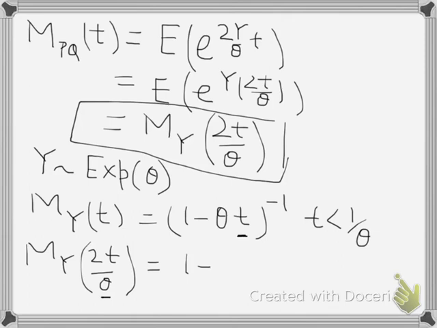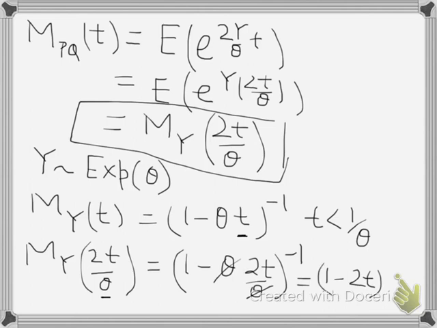So (1 minus theta times 2t over theta) to the power minus 1, and this theta cancels, and t is of course less than 1 over theta, so there is no theta involved here. So what do you get? (1 minus 2t) to the power minus 1, right? Do you see any theta in this?